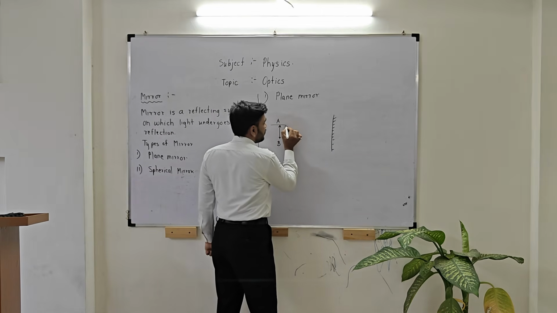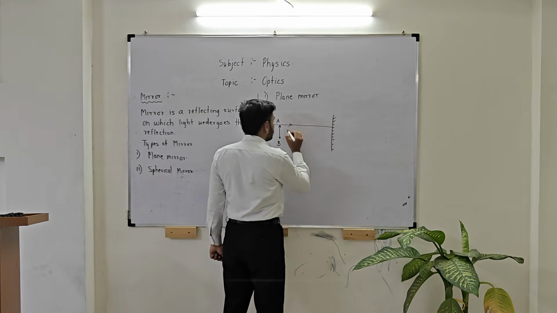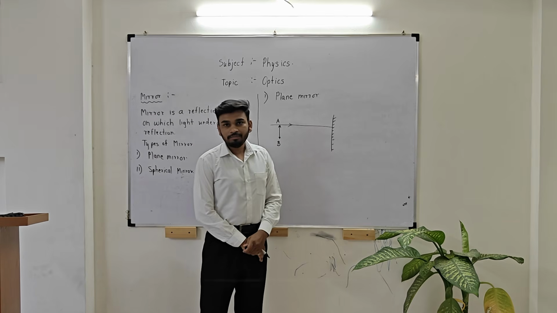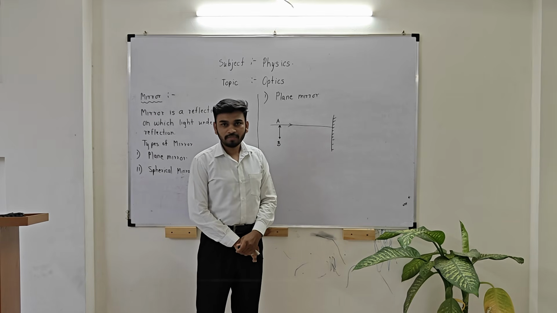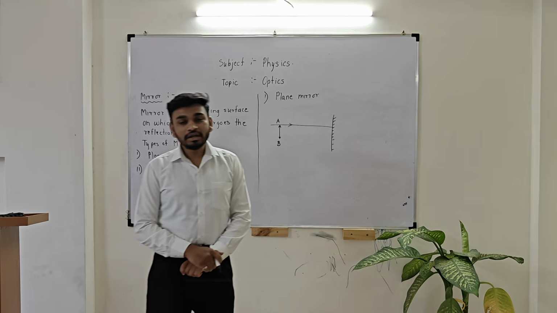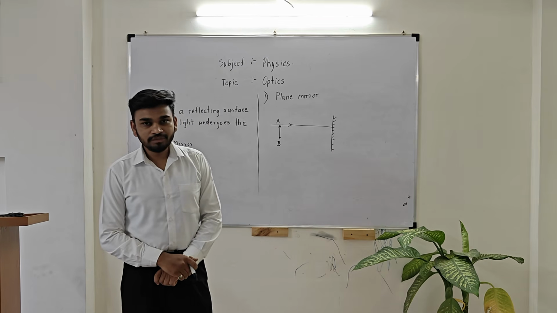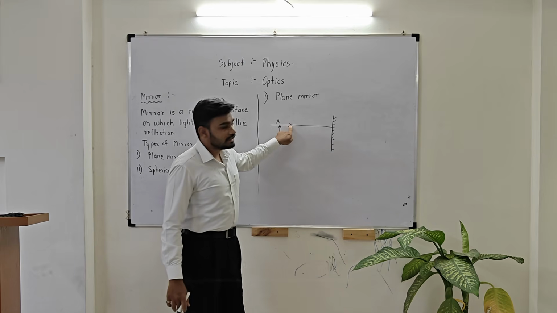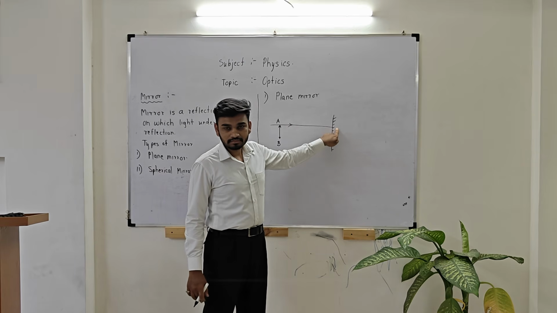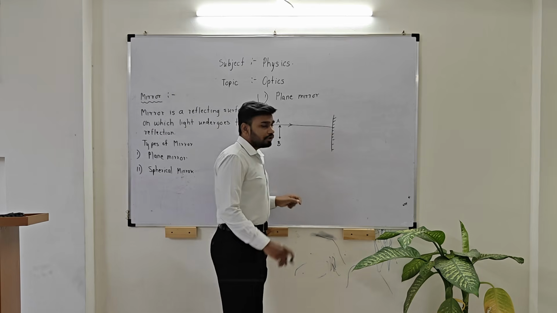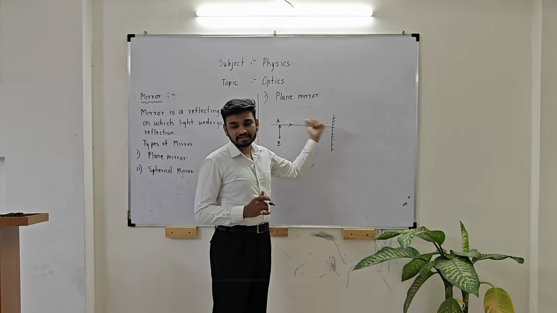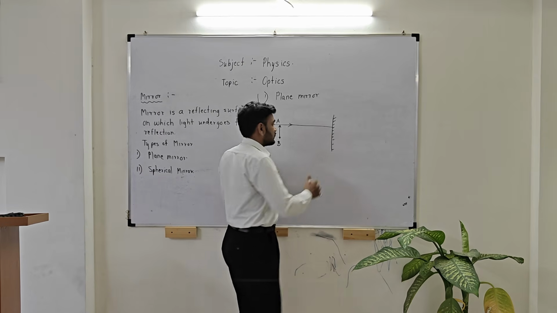When one ray of light, after passing this object, strikes the reflecting surface of the plane mirror, according to the laws of reflection we discussed in the last lecture, this ray is perpendicular to the surface, so it goes back and traces the same path after reflection.